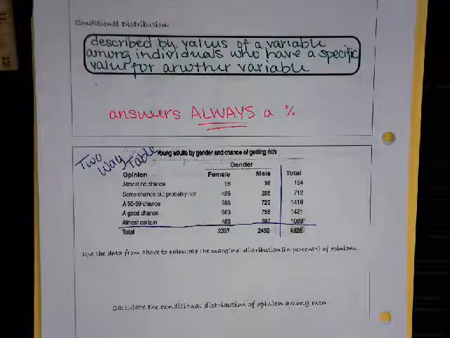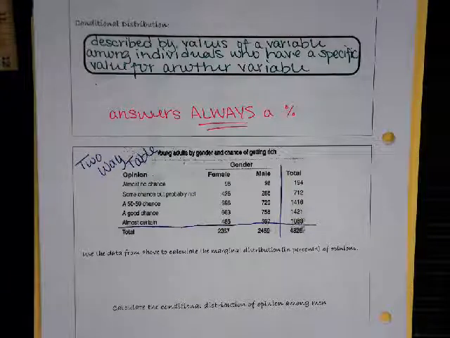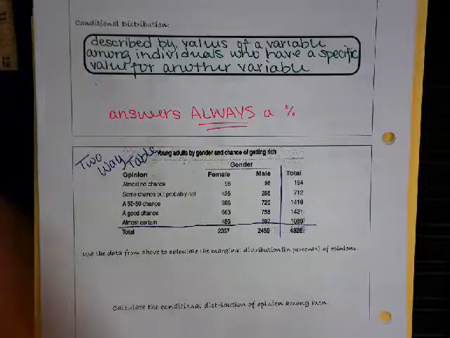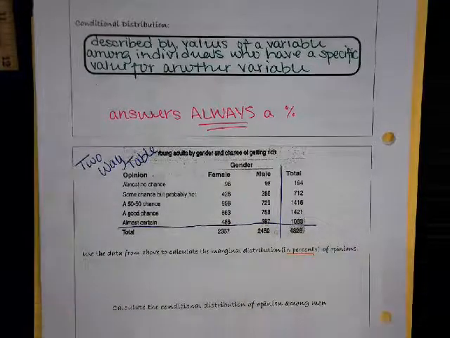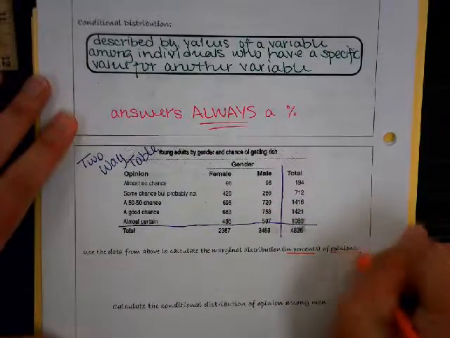So we're going to use the data from the table above, to calculate the marginal distribution, and I did remind you that it needs to be in percents, of opinions. So we're working on opinions.